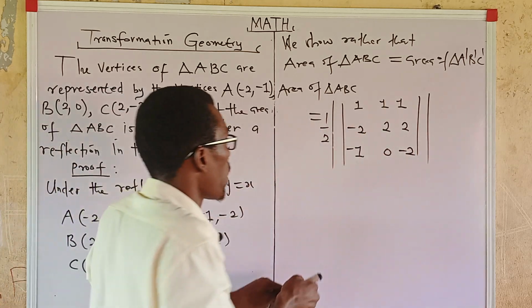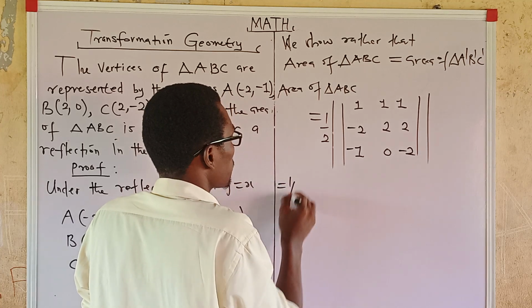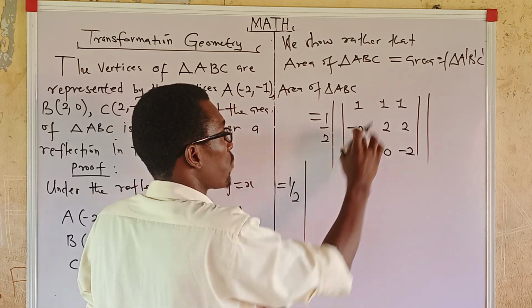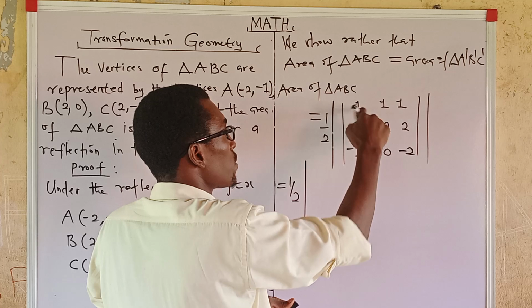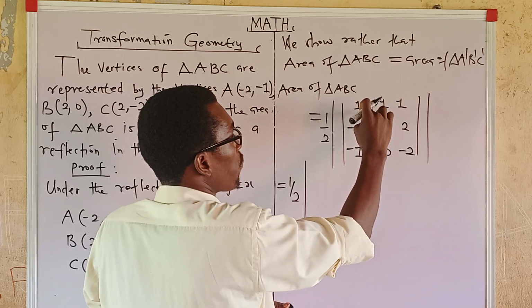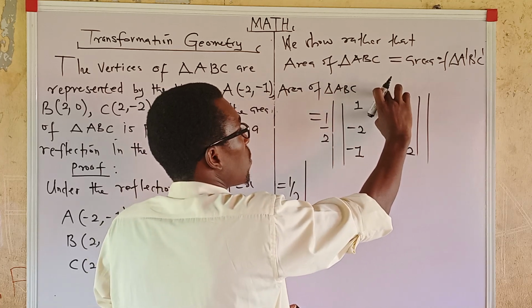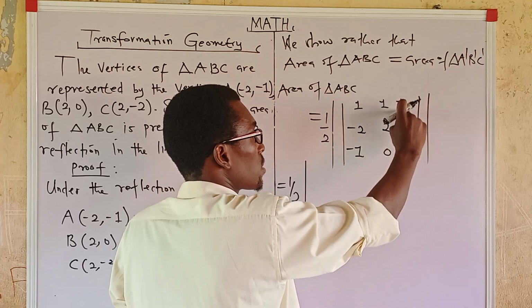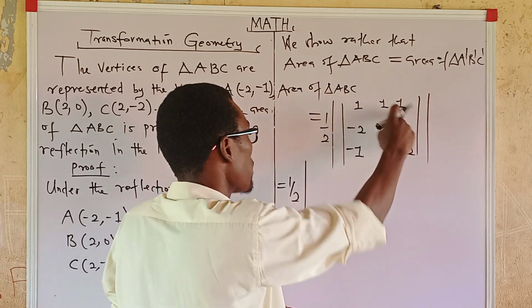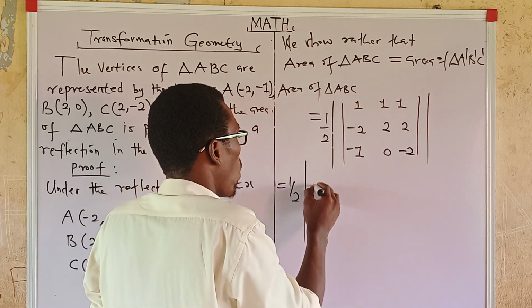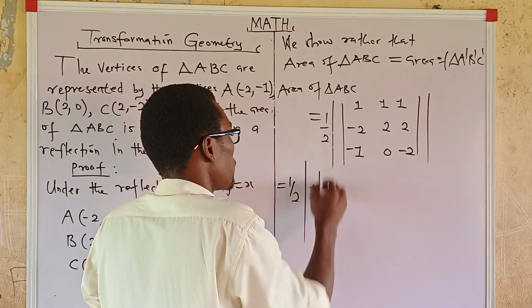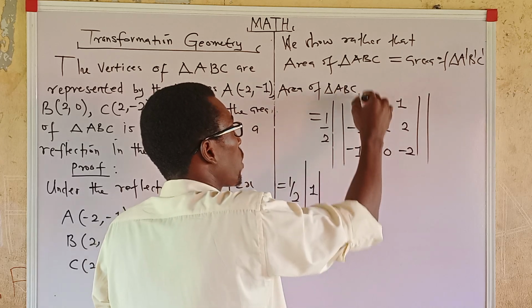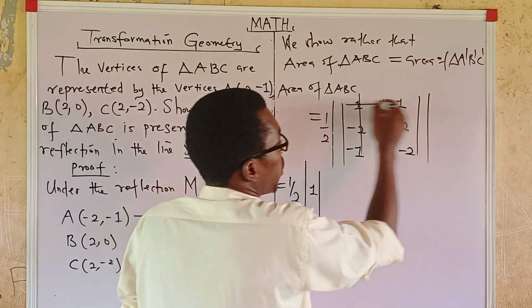So in doing so, we have it as half modulus of... now how do we evaluate this? We take the cofactor of 1, added to the second one, added to this one you see here, all right? So the cofactor of this will be 1 multiplied by what? You block this column and also block this row.